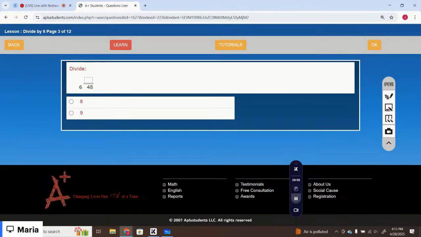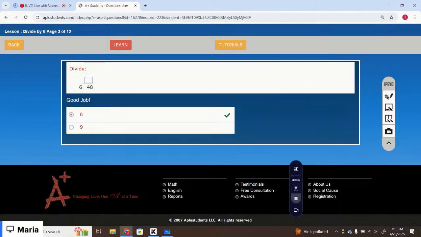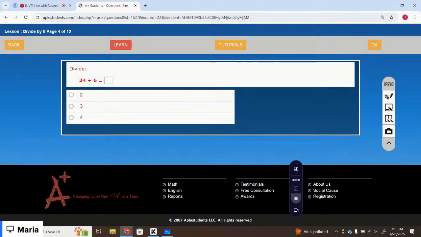Six times what number is 48? 6 times 8 is 48. The correct option is 8. 24 divided by 6. Which is the correct option?